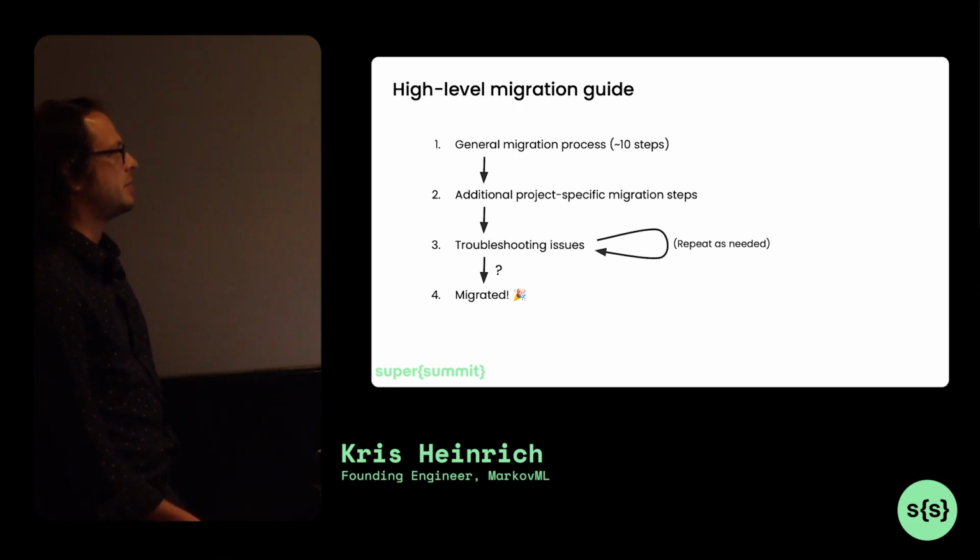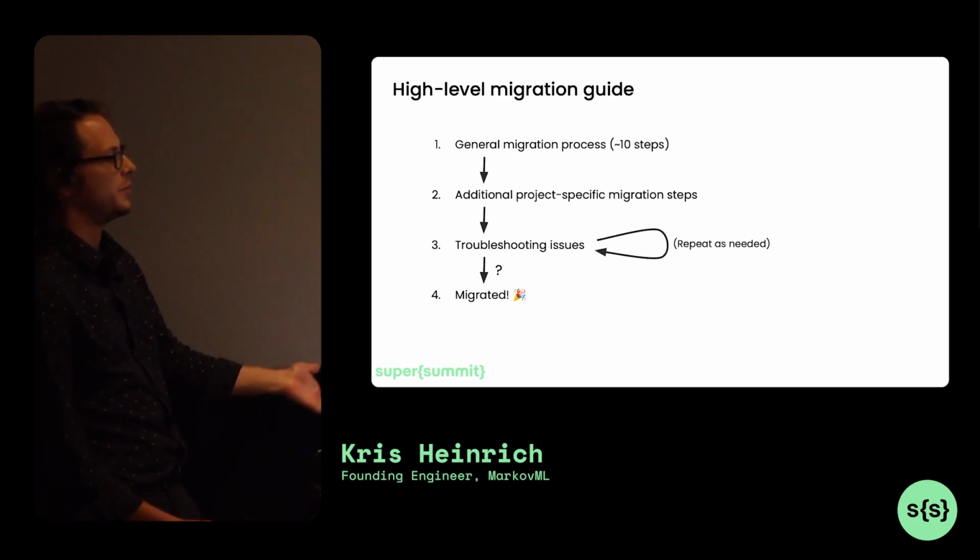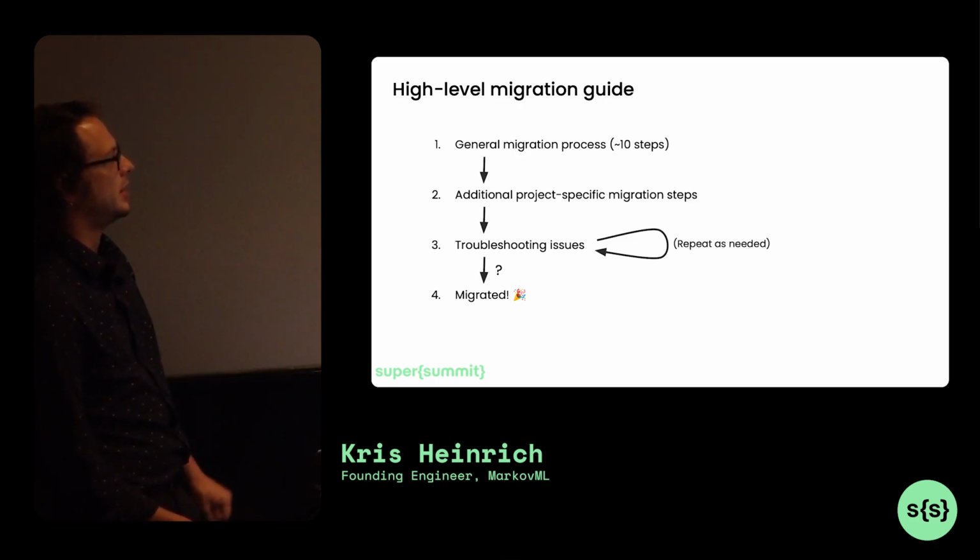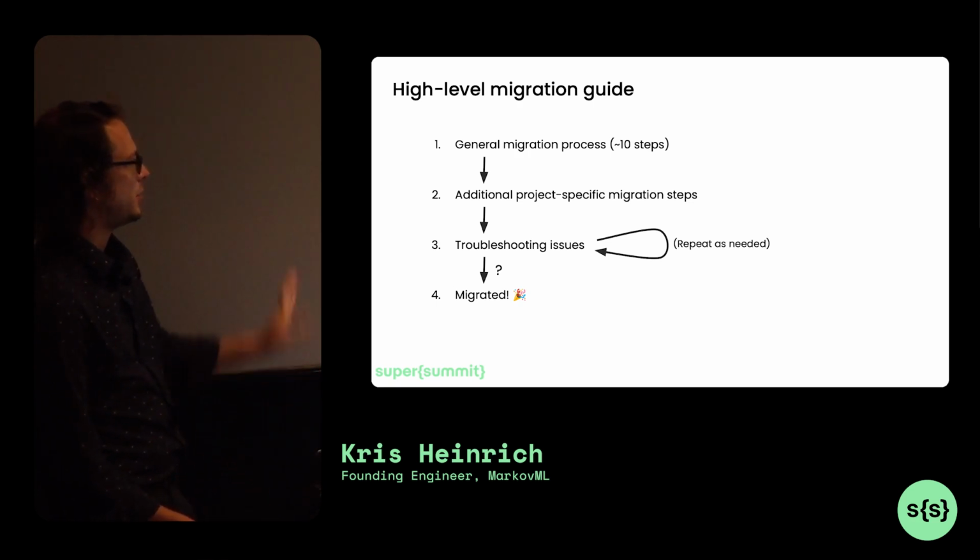And there might be a non-trivial amount of refactoring or troubleshooting that you have to do. Ideally, you repeat the troubleshooting until things finally start working. You're able to run your development server locally. You're able to get a production build and also run your tests. And at that point, congratulations, you've migrated. But there will be step 3.